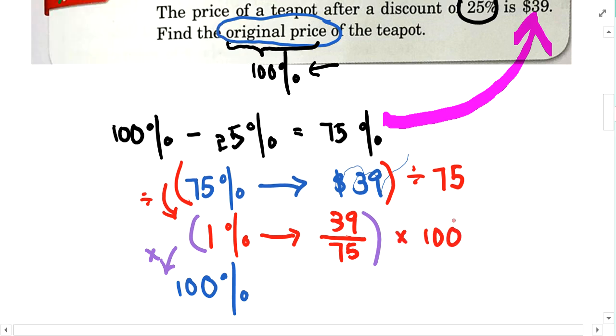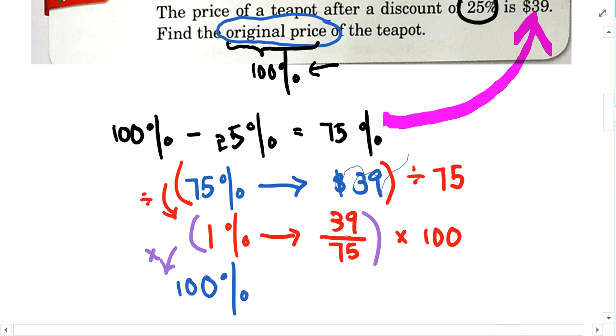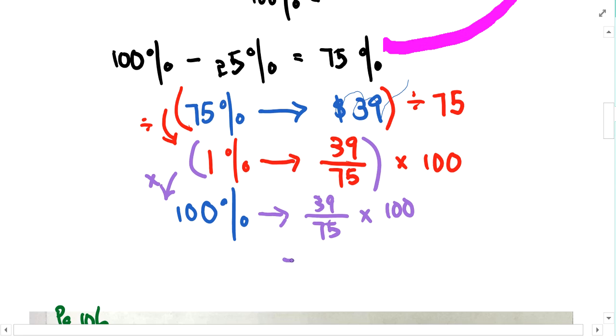So now you can press the calculator already. All right, so I'm going to write down the working. You have to press the calculator for me. So 39 over 75 times 100. So just have to press the calculator now. Okay, can you do that for me?